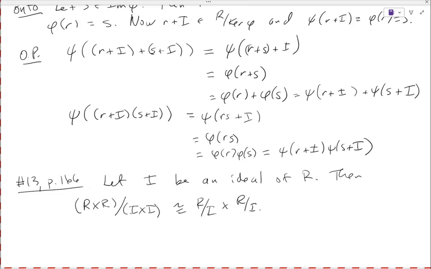All right. So the idea here again is not to try to find an isomorphism directly. We ignore this and find a function that goes from R cross R to R mod I cross R mod I. Define that function, hopefully in the most obvious way.